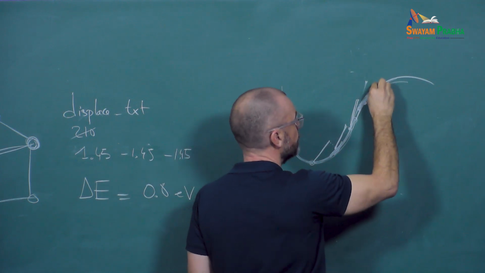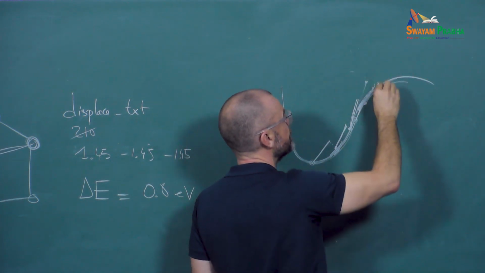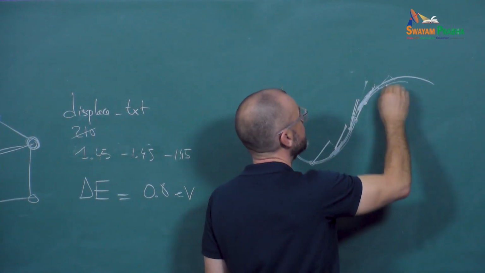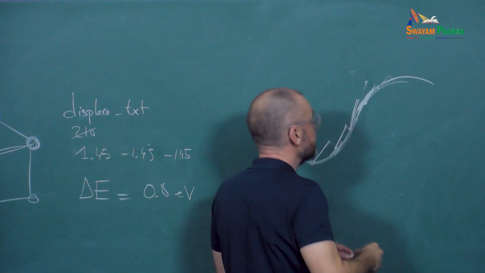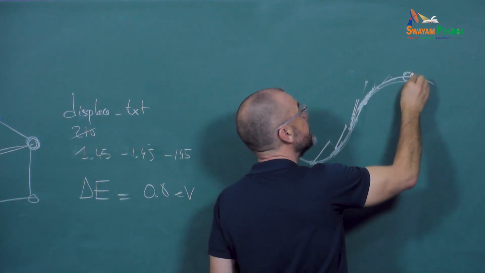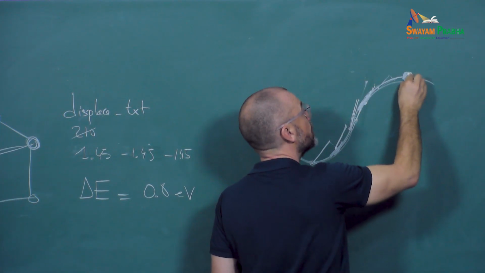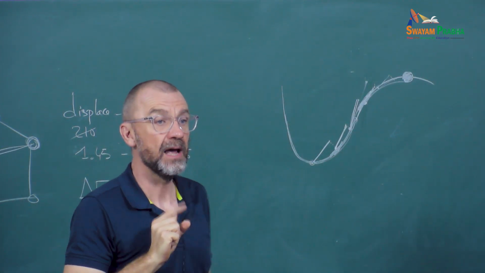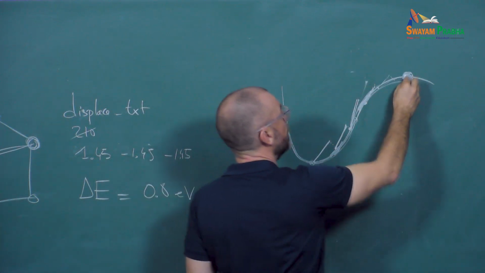And again, I do some minimization to stay on the line. In practice, what we have seen is that if I follow that eigenvector step by step, I am progressively going to converge on the saddle point.